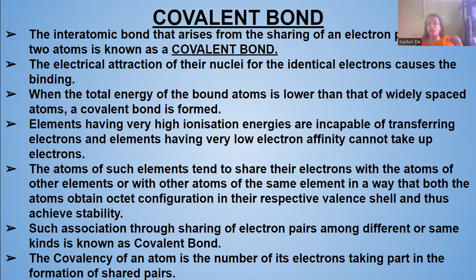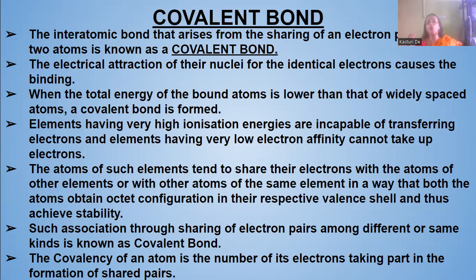So those elements form this covalent bond. Also, elements which have a low electron affinity, that is, atoms will not attract electrons from other atoms, because the attraction for the electrons is less.